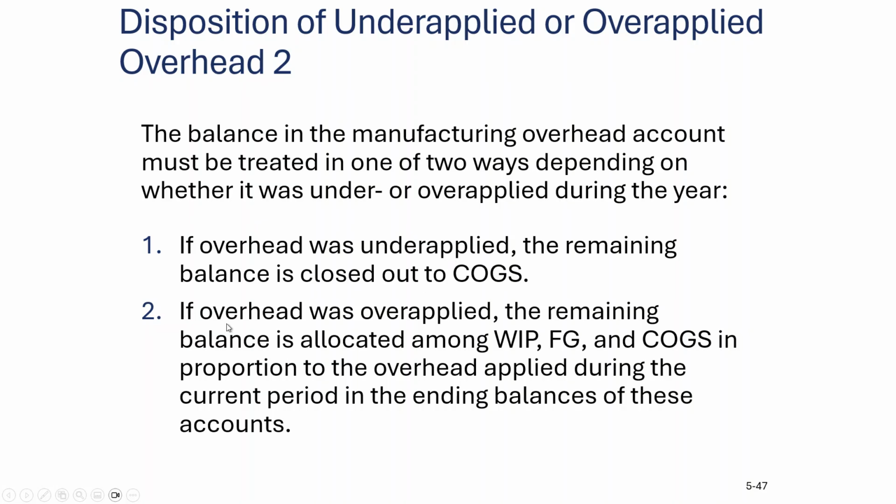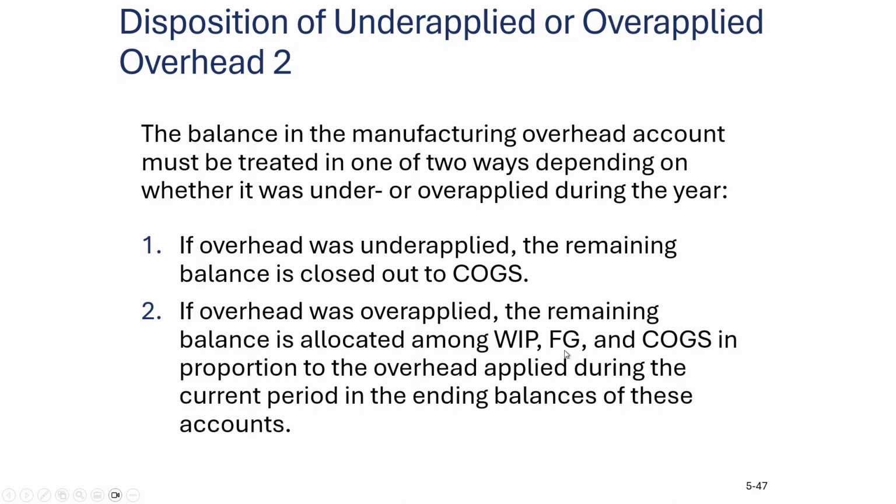But on the other side, if the overhead was overapplied, the remaining balance, which is the 30,000, is allocated among three things: WIP, finished goods, and the cost of goods sold. So what you do is look at the amount sitting in WIP, finished goods, and cost of goods sold for that period, and allocate that overapplied amount into these three accounts based on the proportionate rate. What is my balance in WIP?